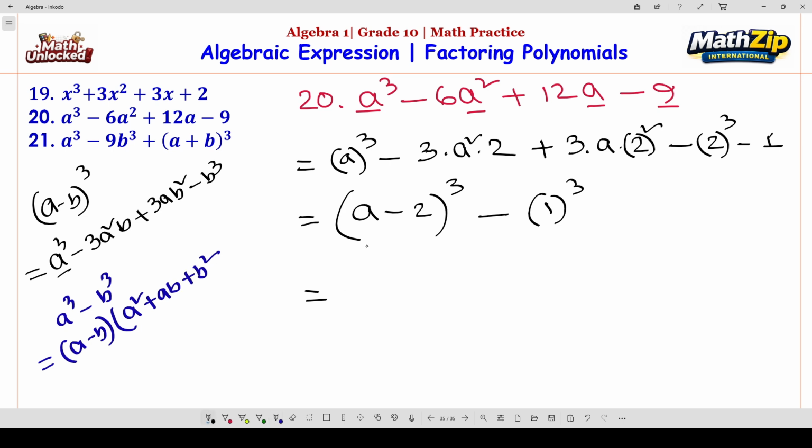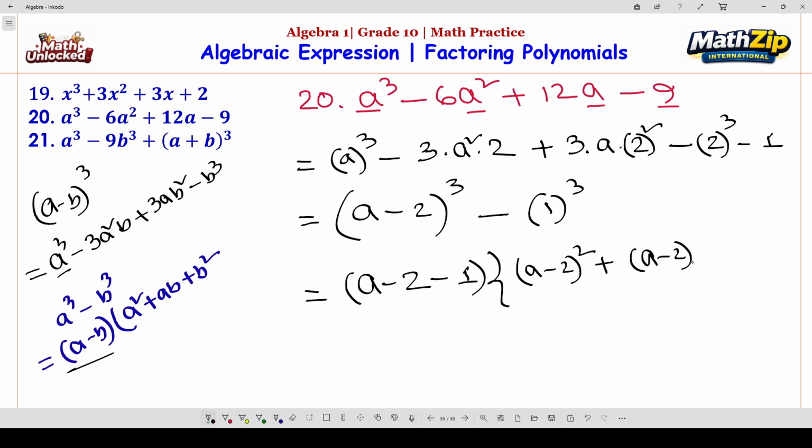So same thing, a minus b means a minus 2 minus 1, right? Now a square means a minus 2 square, plus a minus 2 times 1, plus b square, and b square means 1 square.